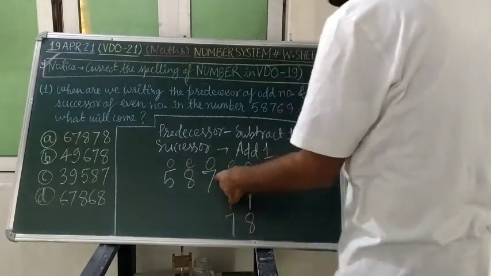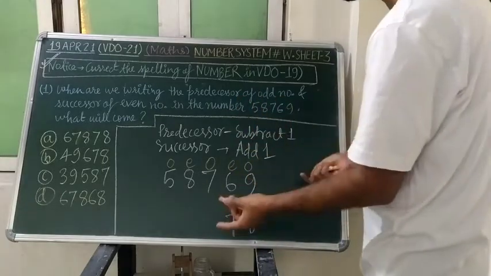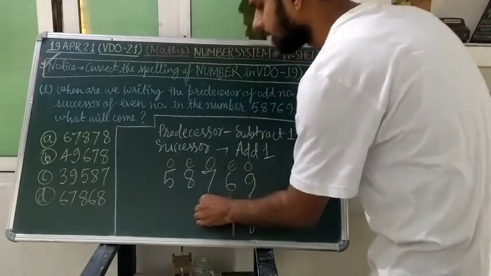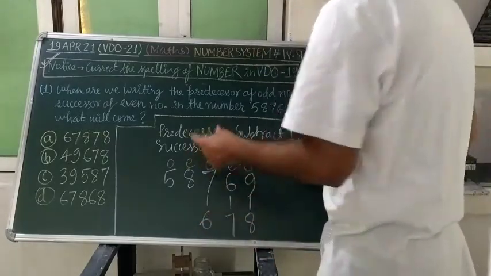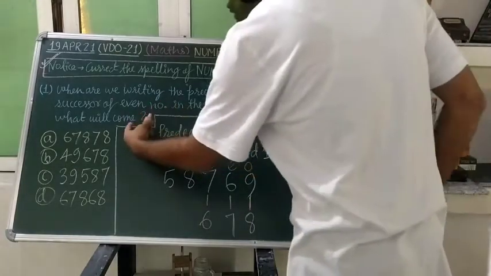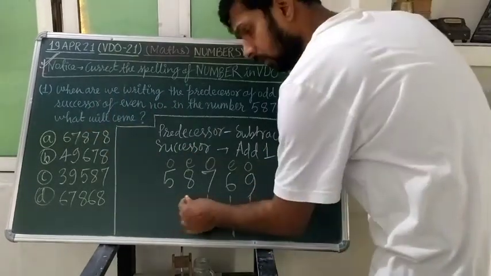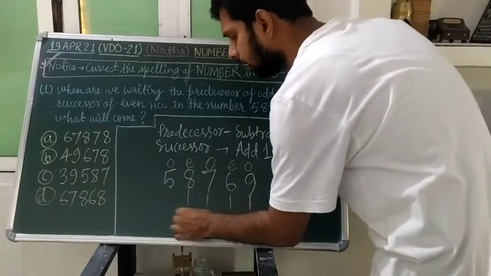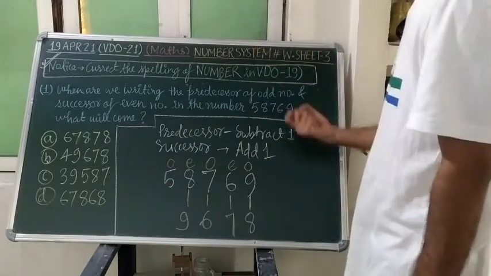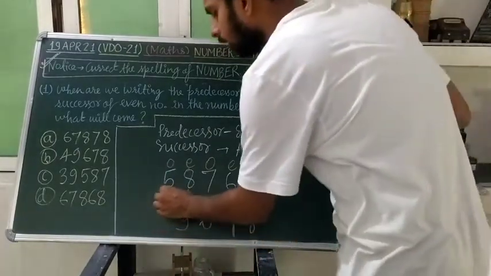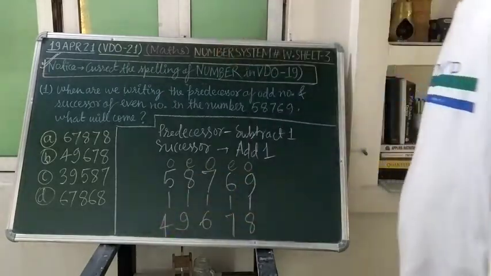7 is our odd number, and for odd number we will write the predecessor. Predecessor means to subtract 1, so 7 minus 1 is 6. 8 is our even number, and for even number we are writing the successor, and for successor we will add 1, so 8 plus 1 is 9. 5 is an odd number, and for odd number we are writing the predecessor, so 5 minus 1 gives us 4.